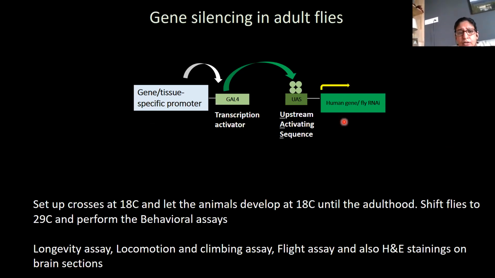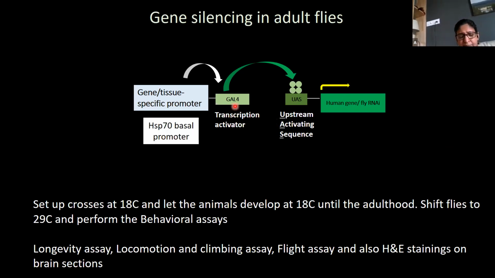But there is another thing that can control the expression level of GAL4, and that is the HSP70 basal promoter. When the GAL4 lines were being generated, the people who generated them placed the HSP70 basal promoter just before the GAL4 sequence. HSP70 stands for heat shock protein 70, and the promoter responds to heat.